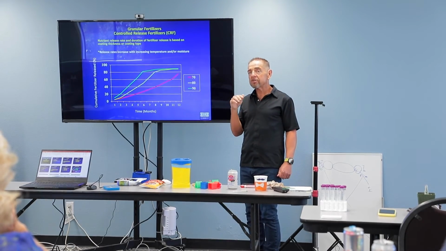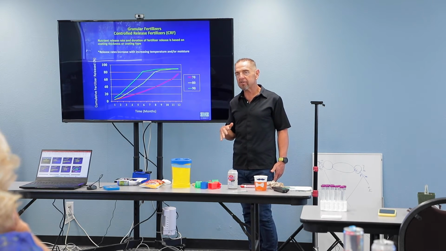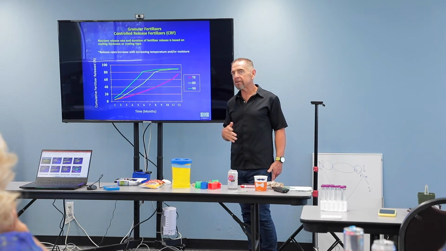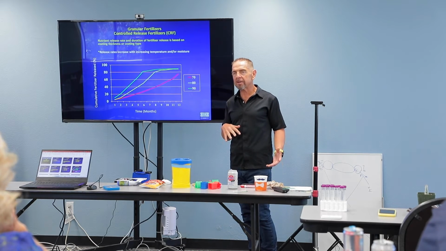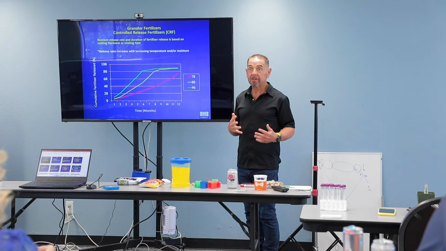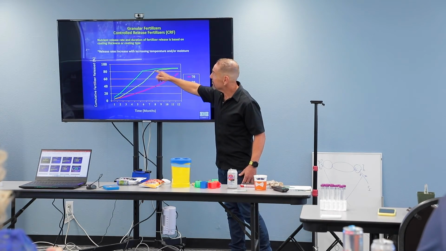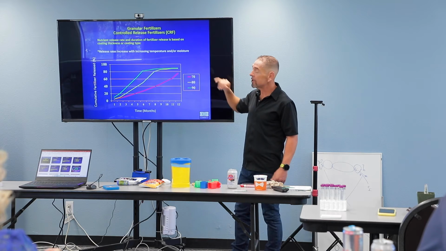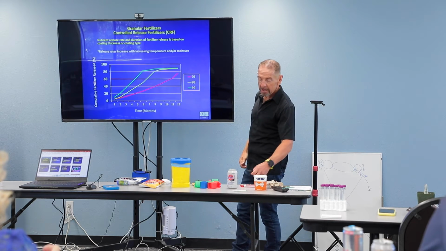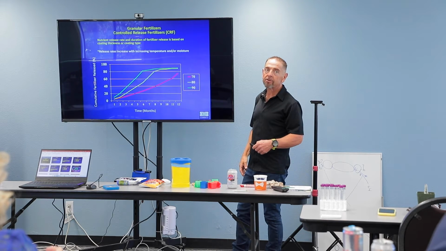Down here it's usually warm, and we usually have a problem with releasing too fast. In Northern California they have the opposite. They have to get something that releases faster at lower temperature because it doesn't get warm. Release rates increase with increasing temperature and also moisture. The temperature is the driving force for the release.